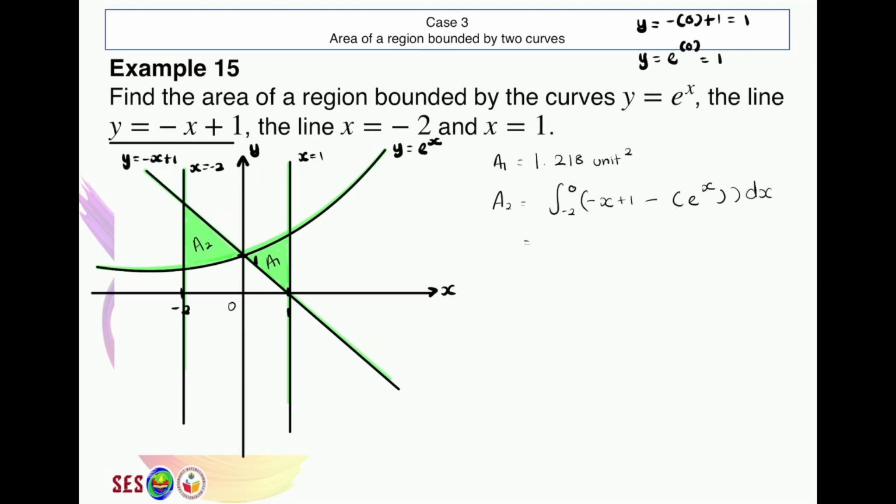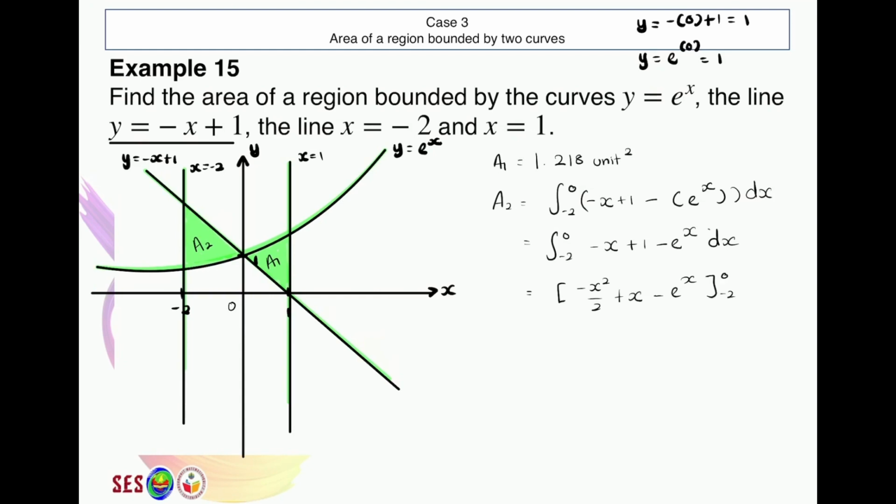Simplifying further, we'll get from -2 to 0, minus x plus 1 minus e power x. We're going to integrate this with respect to x. Remember that whenever we want to integrate with respect to x, our function has to be in terms of x. Now we'll start integrating. When you integrate e power x, you'll get e power x.